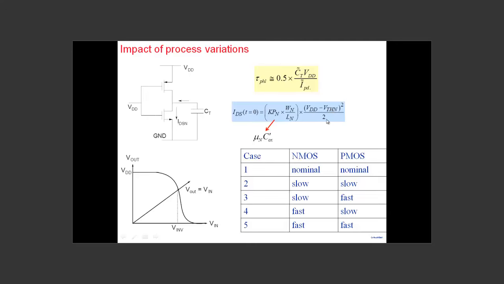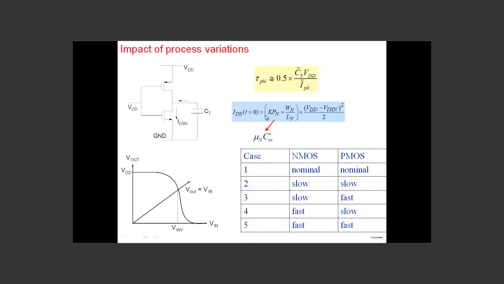What would its impact be on the current? Suppose we take only plus 3 sigma and minus 3 sigma. We just look at that. So let's look at a device whose KPN is 3 sigma above the typical value and VTHN is 3 sigma below. Can I call that transistor a fast transistor? Can you see why I may call it a fast transistor?